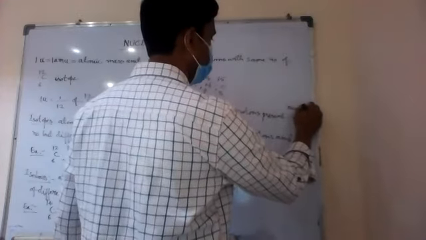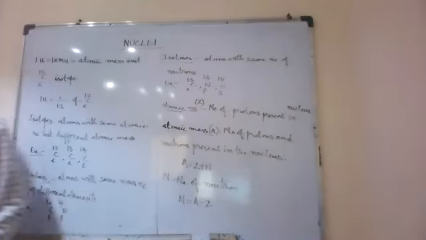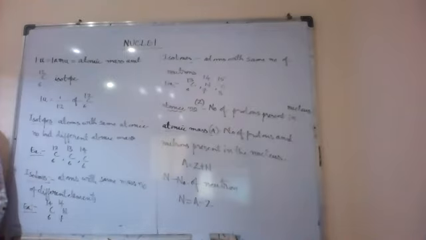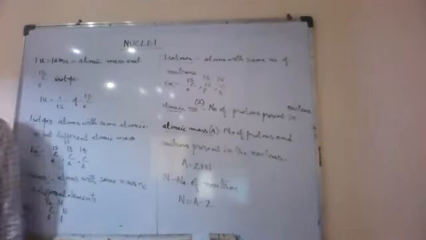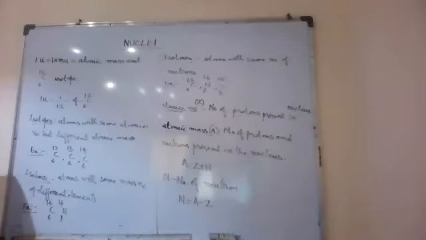We can also say electrons, but electrons differ, because once they are involved in an ionization process, the number of electrons will not be stable. It will change. Next is atomic mass. Number of protons and neutrons present in the nucleus is atomic mass. A equals Z plus N, and number of neutrons is calculated as N equals A minus Z.